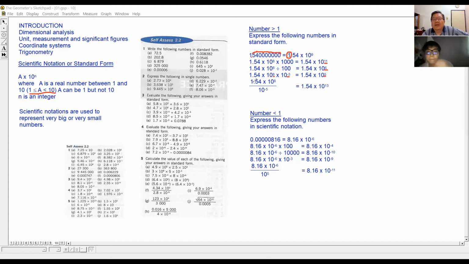Okay, now I have 1.54 times 10 to the power of 8 divided by 10 to the power of negative 5. The line here is the same as divide. So when you divide, what must you do with the indices? You add the indices together or you subtract them?